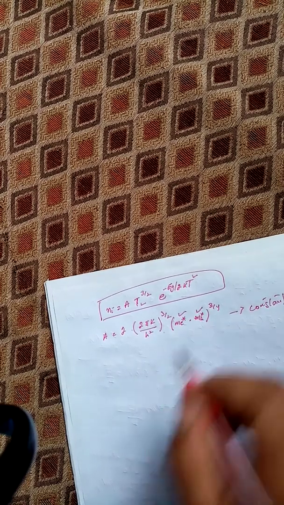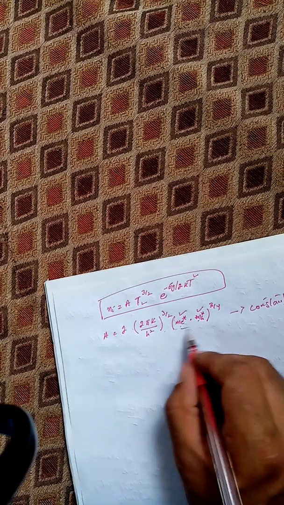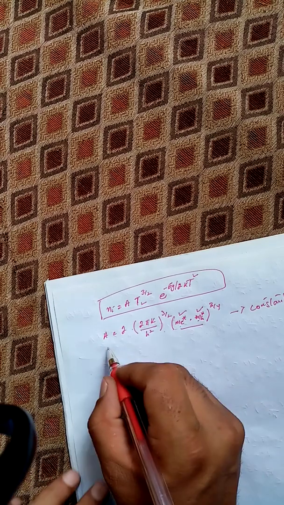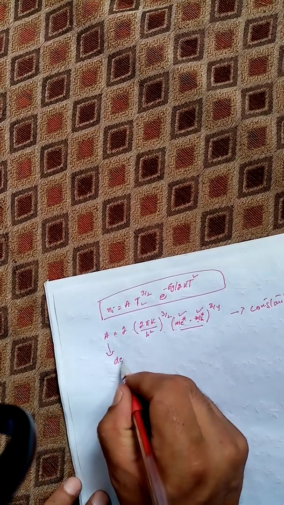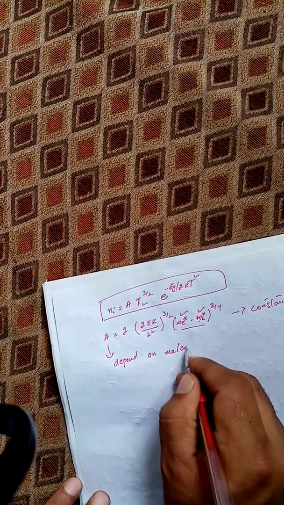The effective mass of electron and hole is different for different materials. So this means that this factor A depends on materials.